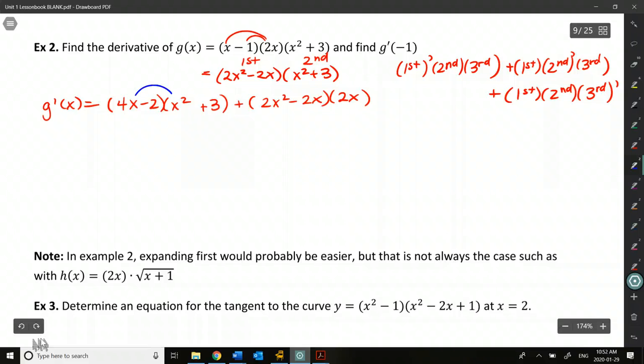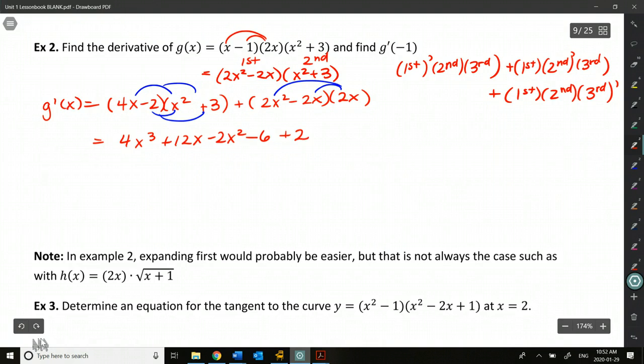Okay, and expand and simplify. So we're going to FOIL this and then just distribute the 2x in the second one. Oh, that's 4x cubed.